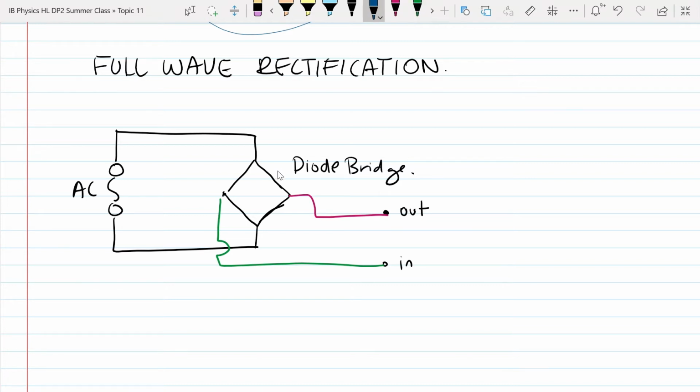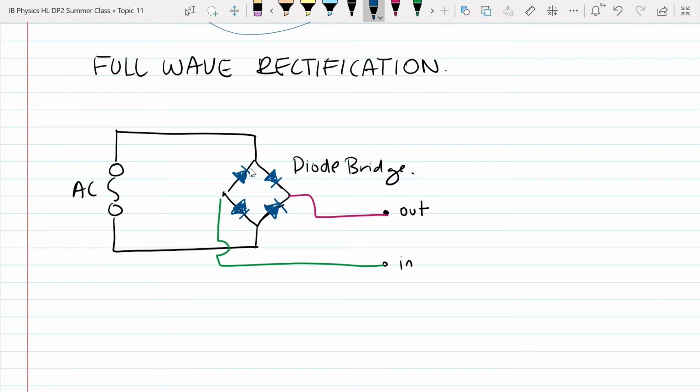So you have a diode here, and the direction of this diode is towards the out. A diode here also is pointing towards the out. We have a diode here also pointing towards the out direction, and we have a diode here also pointing to the out direction, right? Diode bridge. Now what happens?